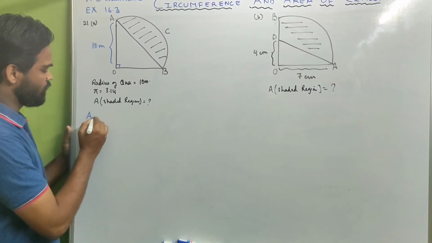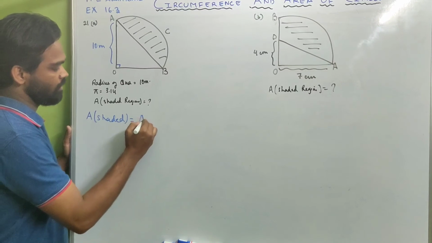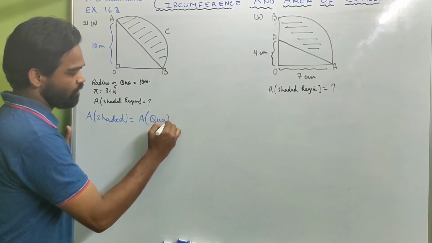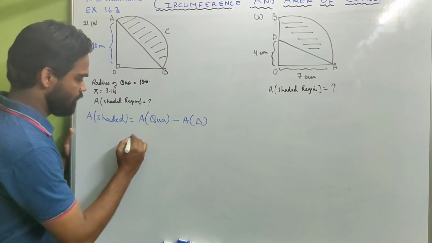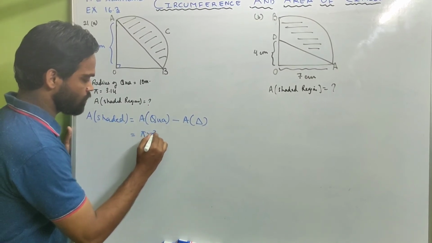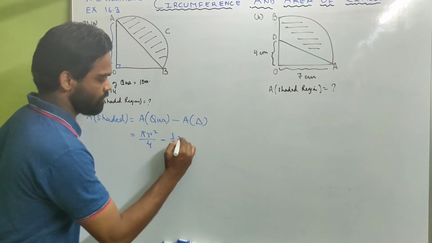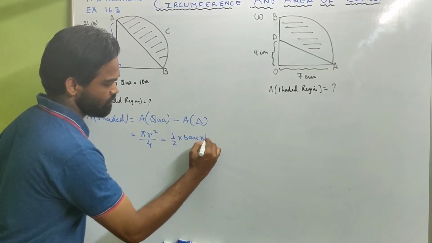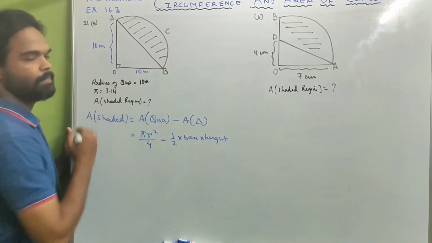Simple. The area of the shaded region, if you look at the diagram carefully, is nothing but the area of the quadrant minus the area of the triangle. Now the area of the quadrant is pi r square by 4, and the area of the triangle is half into base into height. This is 10 and this is also 10.